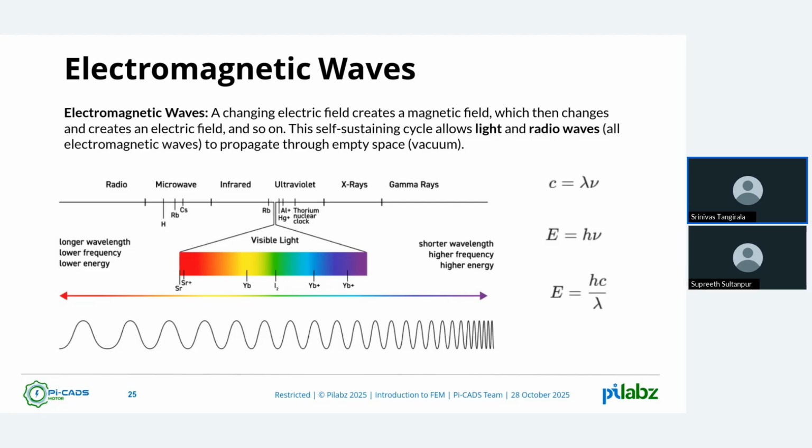And of course, light also exhibits particle-like behavior as well as wave-like behavior. I'm going into physics now, but it's a very interesting topic. So these photons are emanated from the source of that light, where there is an electron jump from one level to the other.